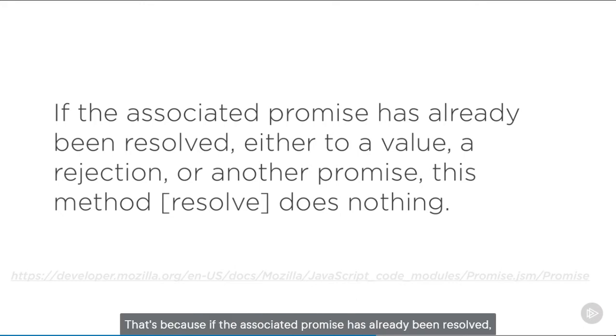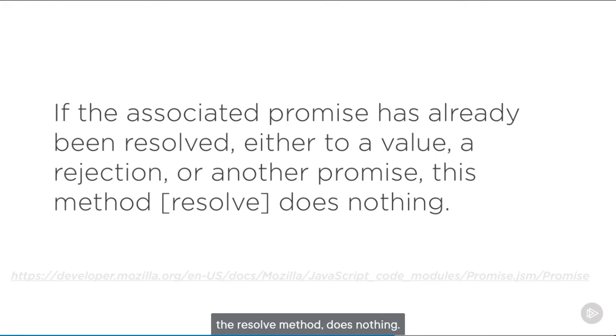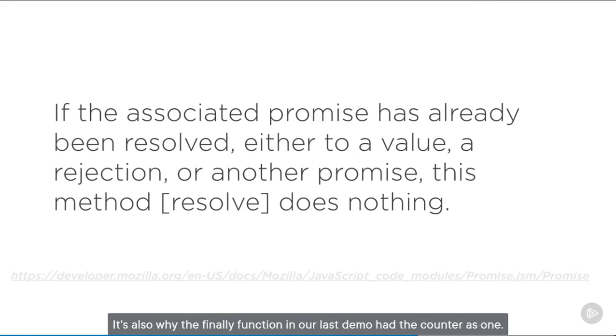That's because if the associated promise has already been resolved, either to a value, a rejection, or another promise, this method, the resolve method, does nothing. That is, once the promise is settled, it's done, and attempting to settle it again will have no effect. It's also why the finally function in our last demo had the counter as 1. The function itself continues to run, but the promise will not change.